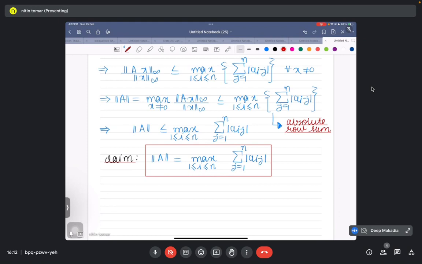If I prove that for some x this is attained, then I'm done. If I show that this maximum is attained at one point, then I'm done. Correct?